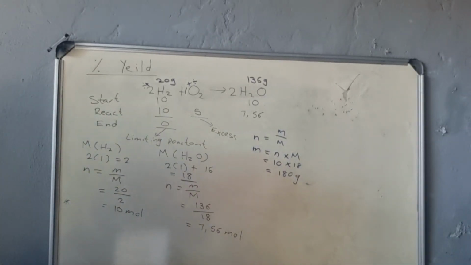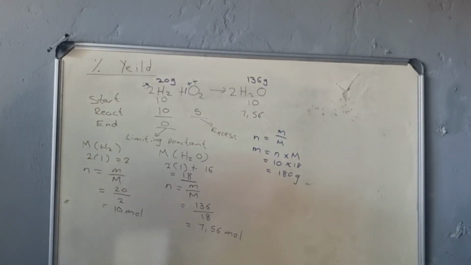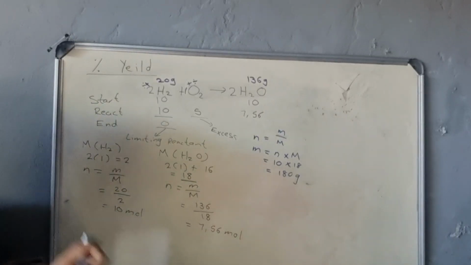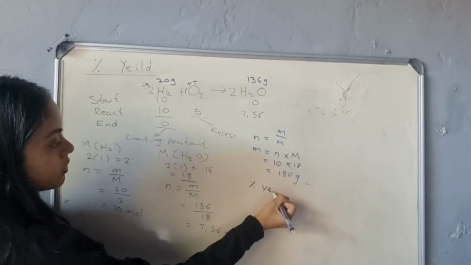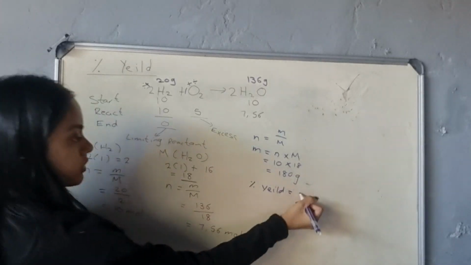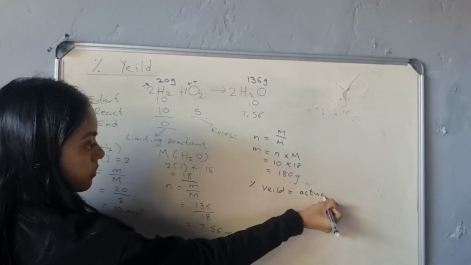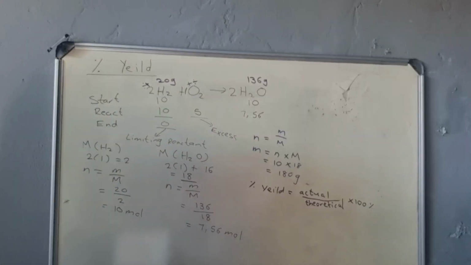Now remember, this question is percentage yield. So you'll want to use the percentage yield formula, which I'm going to write in short form. Percentage yield will equal the actual yield over the theoretical yield times 100%.